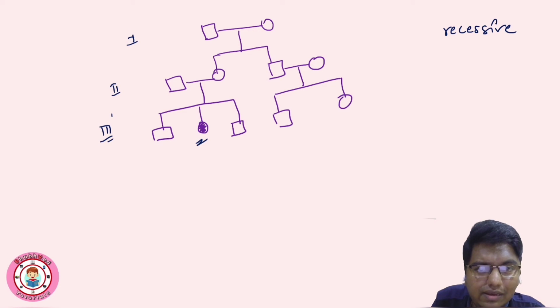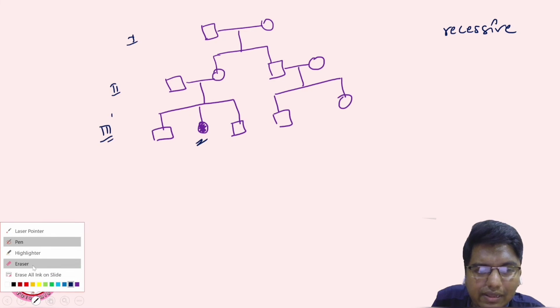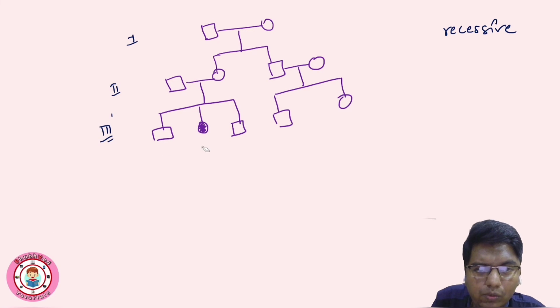Now let's find the carrier. So this will be the recessive condition, either X-linked or autosomal, right? For recessive, we write small a. Then small a will be coming from either parent, because both cannot come from a single parent.